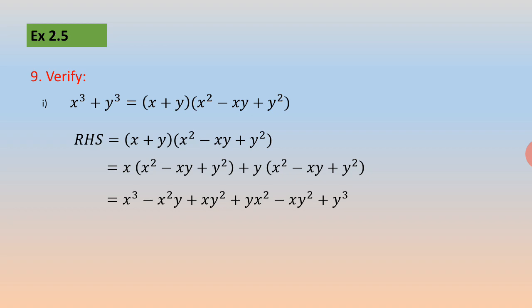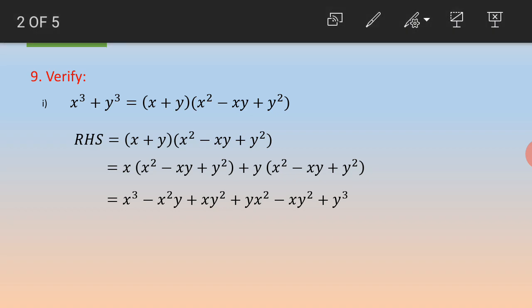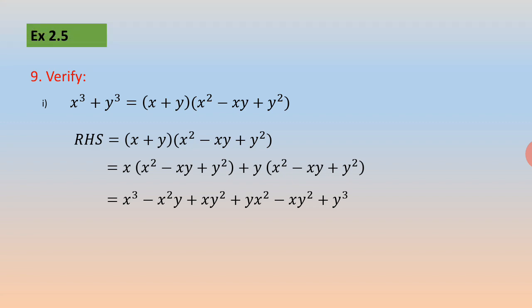Similarly here, the second term and the fourth term, it is minus x square y plus yx square. That is, they are similar terms with opposite signs. They'll cancel each other. Now, the third term and the fifth term, again similar terms with opposite signs. They'll also cancel each other.